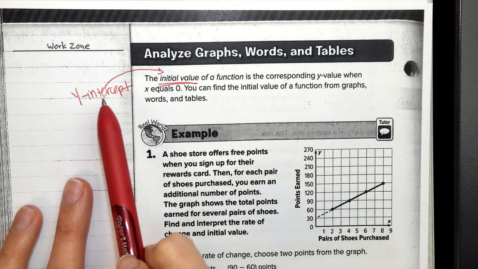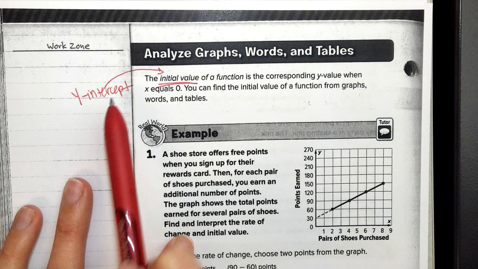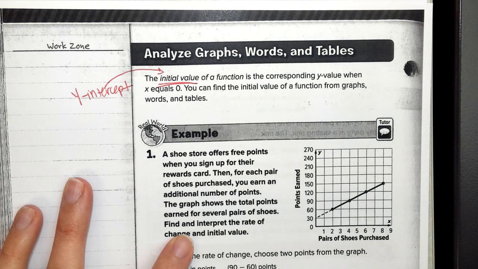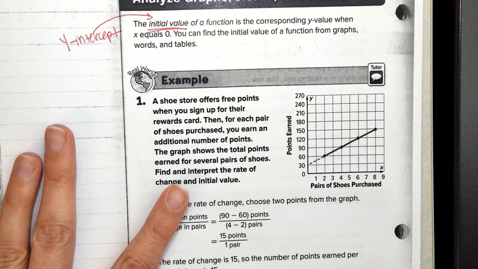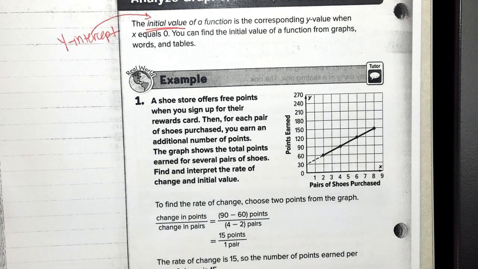Remember, our y-intercepts means x equals 0. It says you can find the initial value of a function from graphs, words, or tables. So today is pretty much the same thing as yesterday, except instead of saying we're finding y-intercept, we're finding initial value. Mean the same thing, just 2 different ways of saying it.